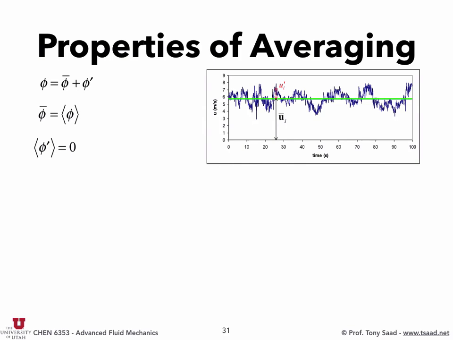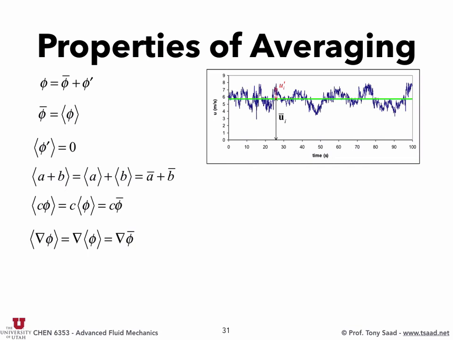A time average, for example, satisfies this property. And the average of the sum is the sum of the averages, because it's a linear process. The average of a constant times phi is equal to the constant times average phi. The average commutes with the spatial operators, div and grad. So the average of grad phi is grad of phi average, okay?